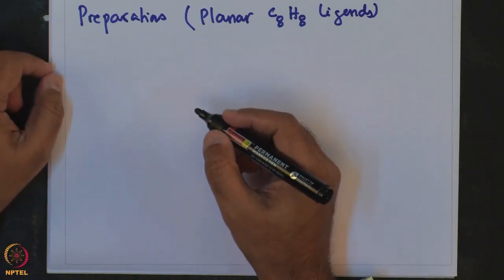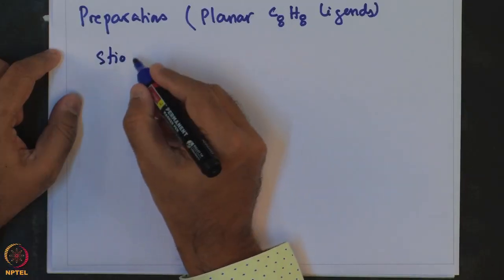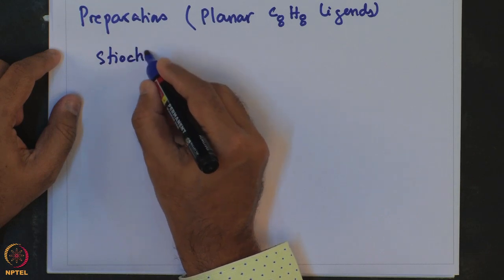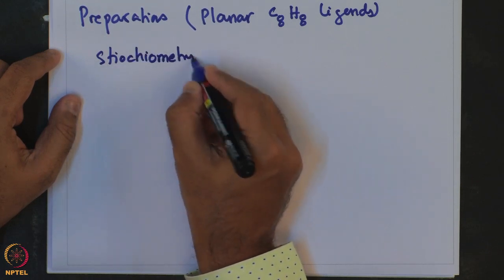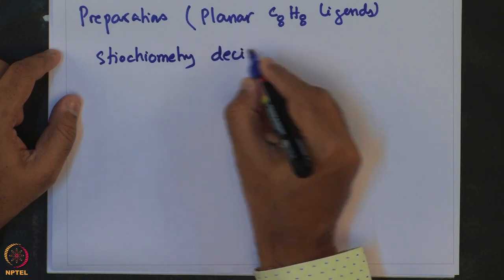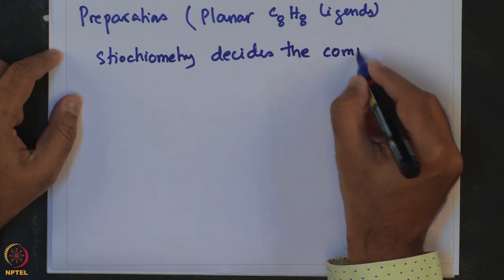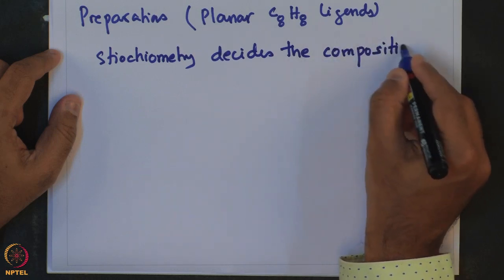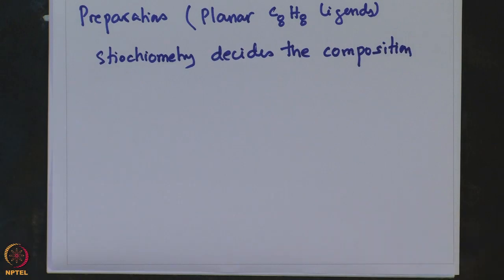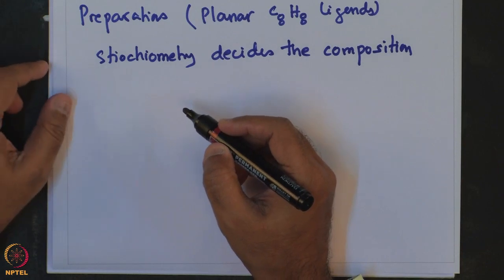Now, for these it is observed that the stoichiometry decides the composition of the complex, and this can be illustrated by the following two reactions in which two different complexes of C8H8 and titanium were obtained.